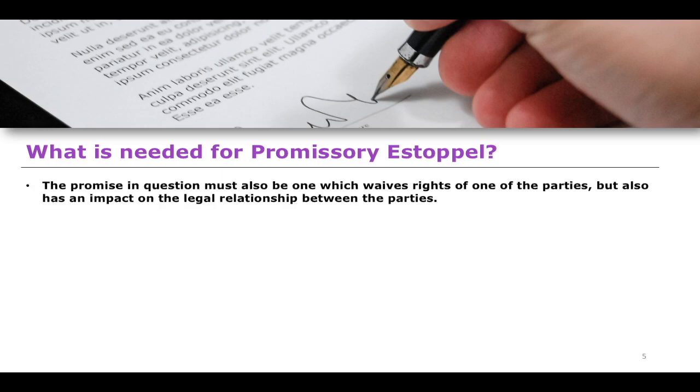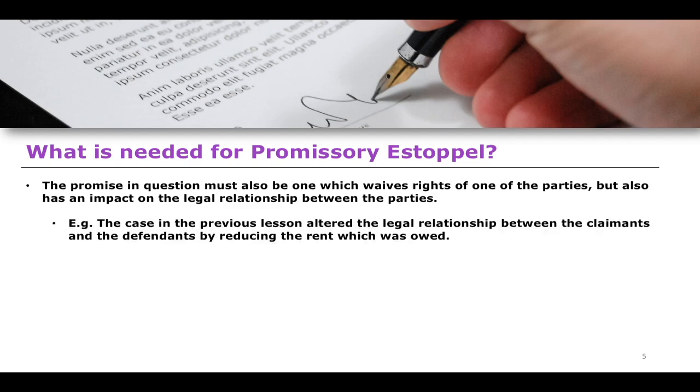The next part is that the promise in question has to be a promise which waives the rights of one of the parties, but it also has to have an impact on the legal relationship between the parties. So what does this mean? Well, if we go back to the previous lesson, it had altered the legal relationship between the claimants and defendants, because the legal relationship was for a contract that existed between these two individuals about a certain price of rent which was going to be owed.